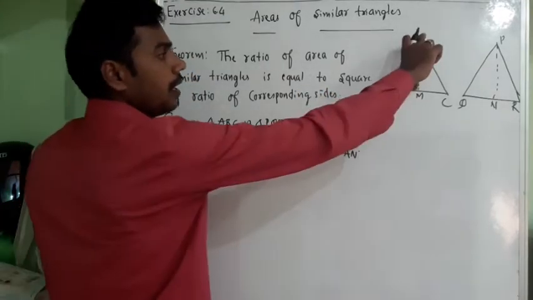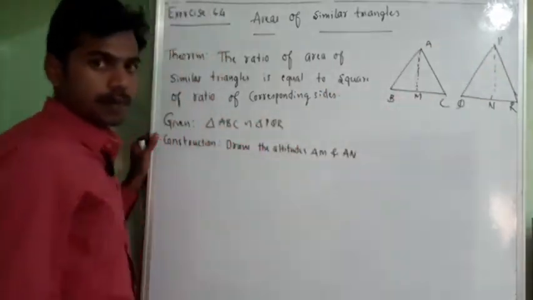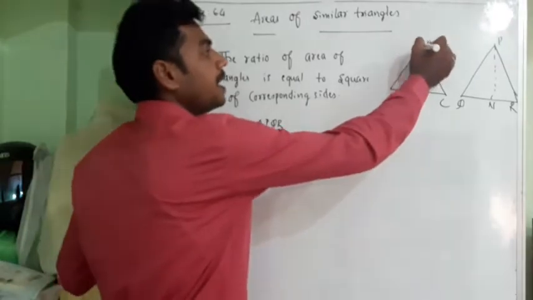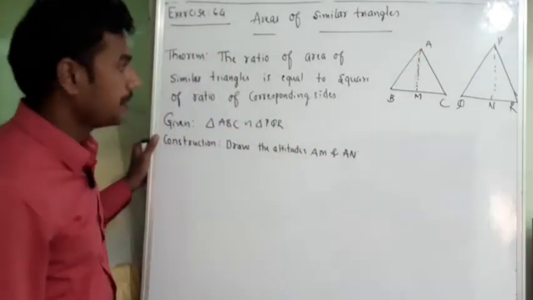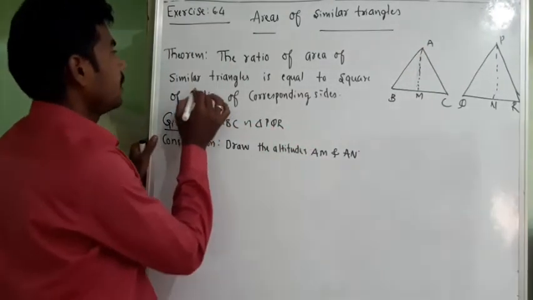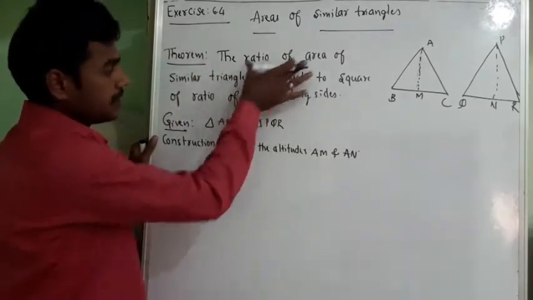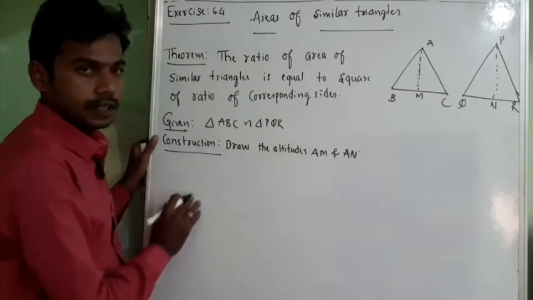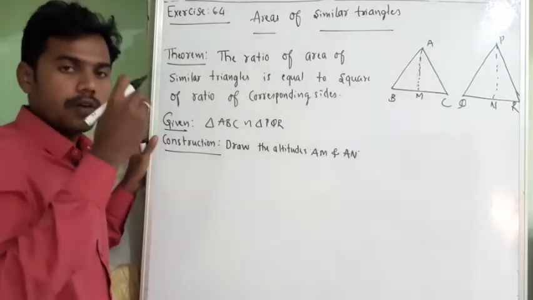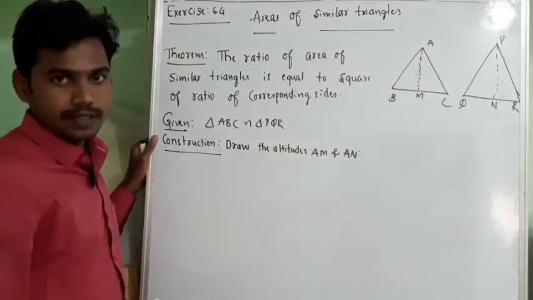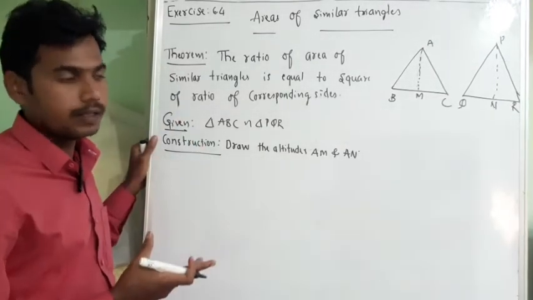I have drawn AM and AN, and the construction part, I already told, we need to indicate by dotted line. See, this is the given theorem statement, this is the given, this is the construction. These are the steps we need to follow while giving a proof for a theorem.